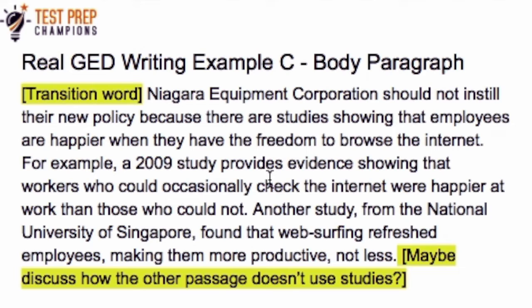Just give examples of how the other side is not doing this. If you can get the 2 points of view going back and forth, which we'll see in the example of a perfect essay, that is ideal, but that's kind of hard to do. So at the very least, keep in mind what the writer's doing here, because this isn't a perfect example by any means.